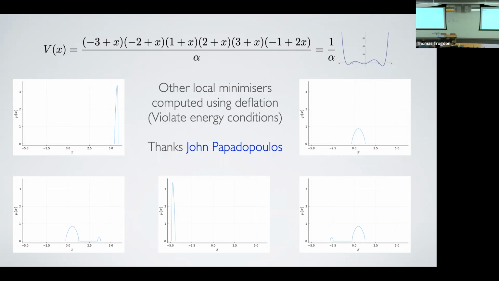And it's much better than the discrete thing where you had n choose 3 possible local minimizers. Here, there's very, very few. Okay. So you did this using a deflation algorithm where you find one measure, then you deflate around it and you can pick up other ones.